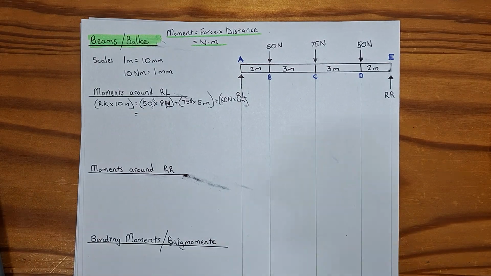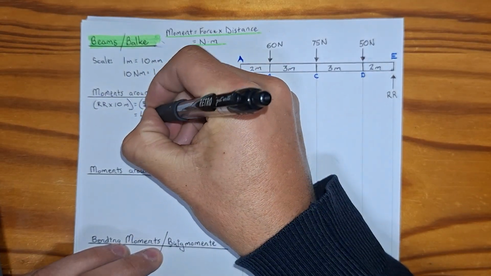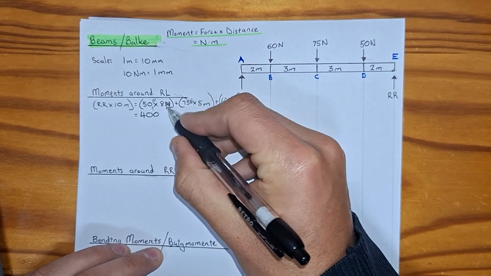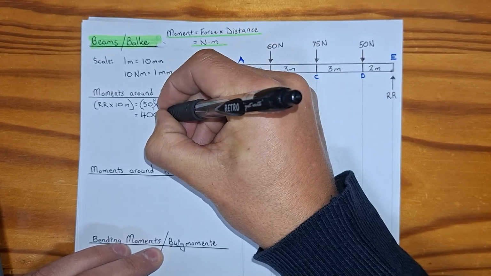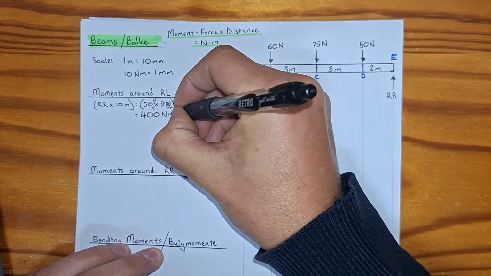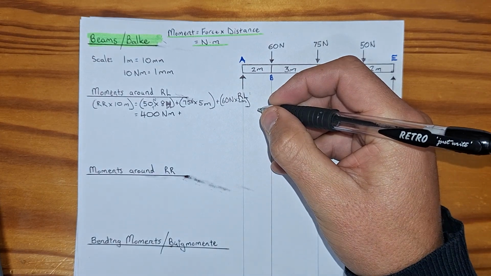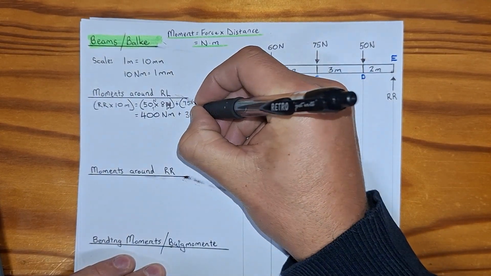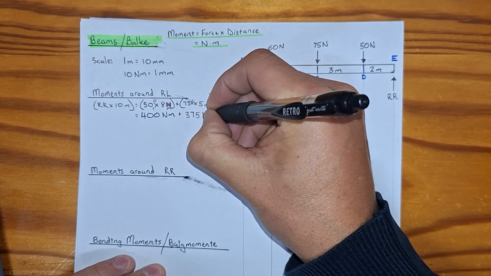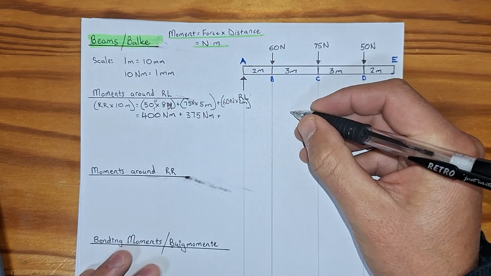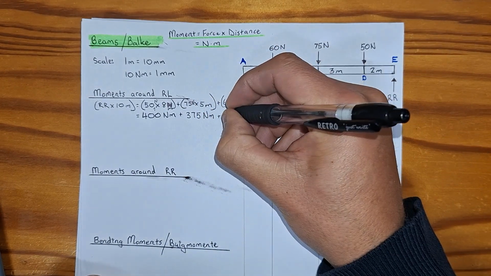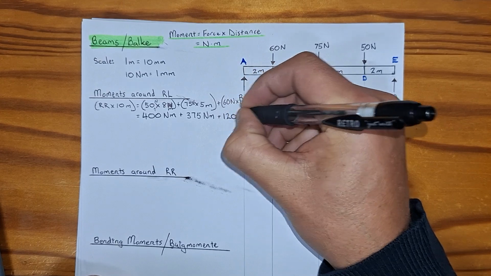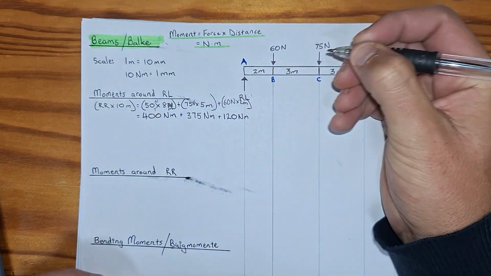So it will be 50 times 8 equals 400 newton meters, because it was newtons times meters, plus 75 times 5 meters equals 375 newton meters, plus 60 times 2 equals 120 newton meters.